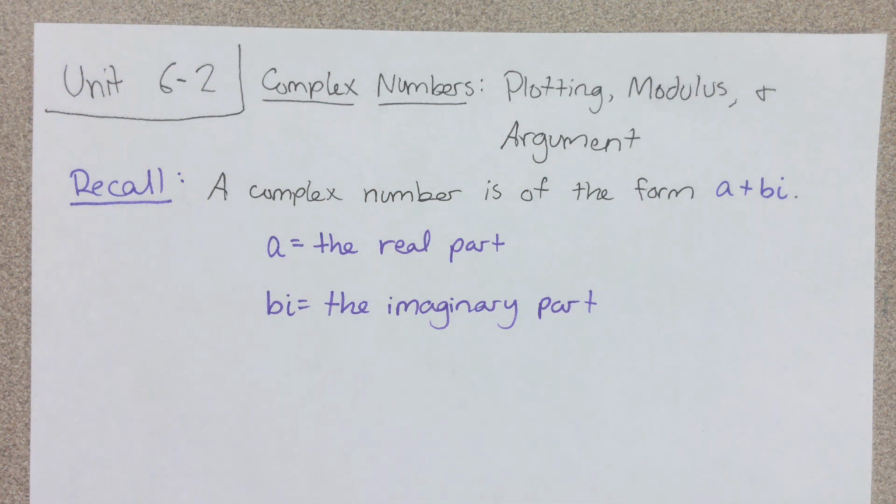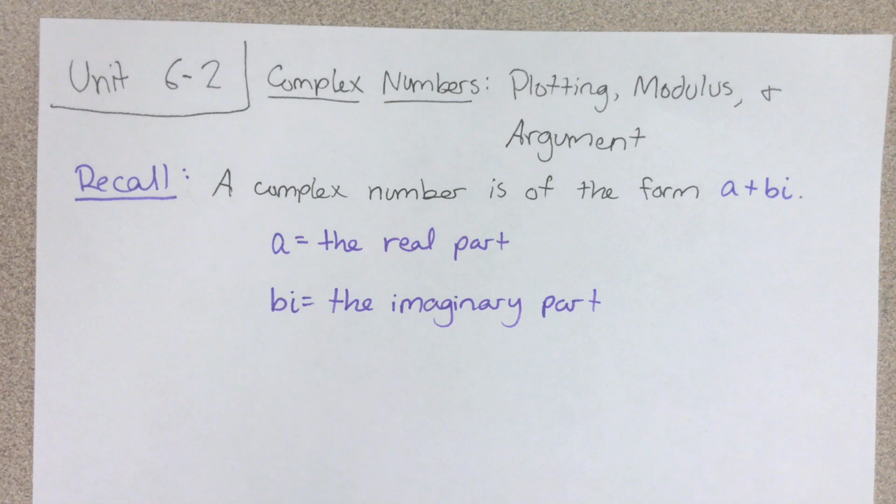So you should remember a complex number is a number that is formed with a real number and then an imaginary number, bi, where i is in place of imaginary. That's what the i stands for.